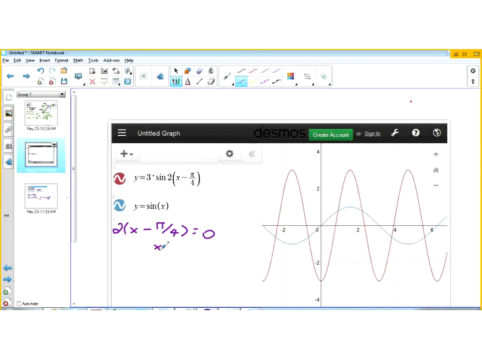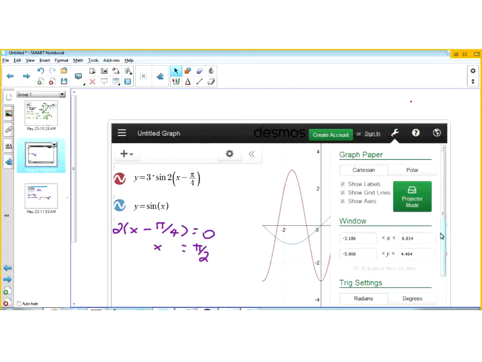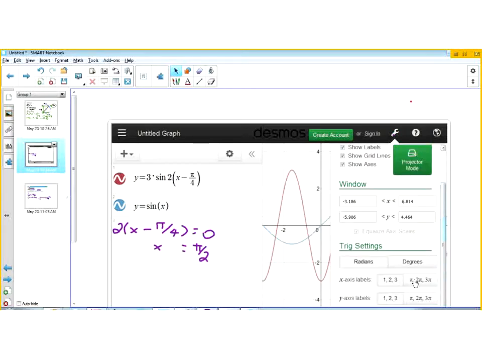So when we solve for x, that would be x is equal to, what, pi halves. So in this case, the period starts at pi halves. So let me set the window properties so that we're in radian mode, and the x-axis, or t-axis, is represented in multiples of pi.